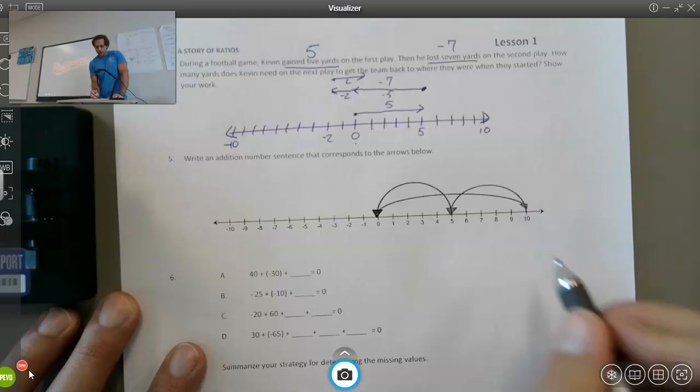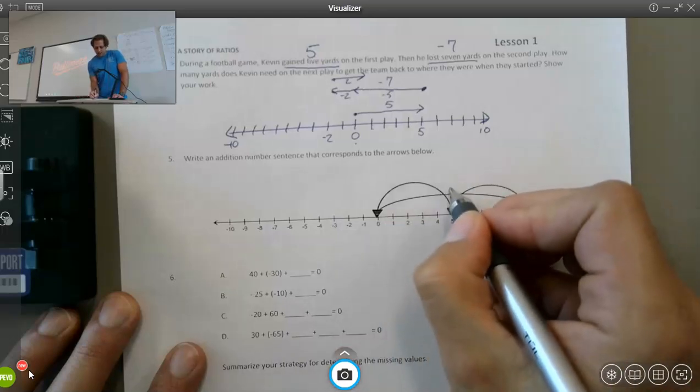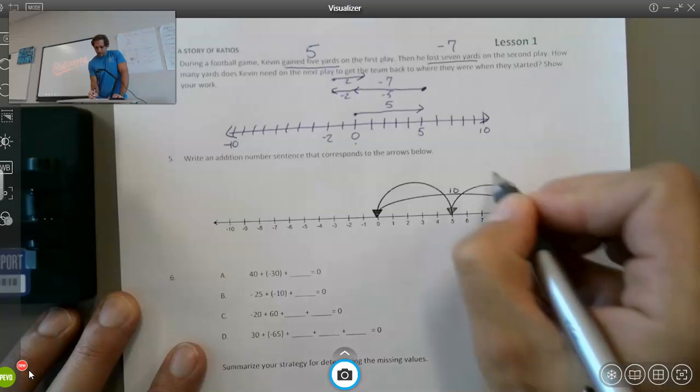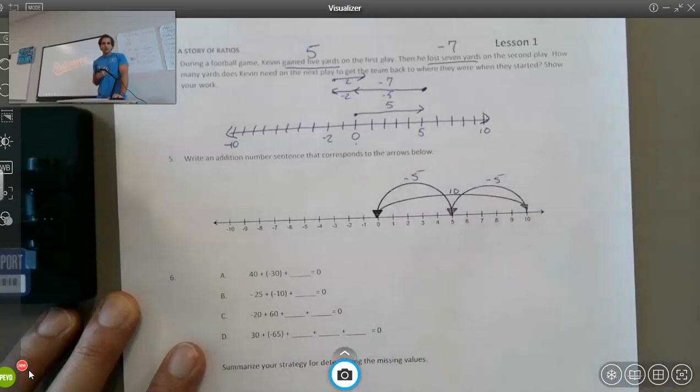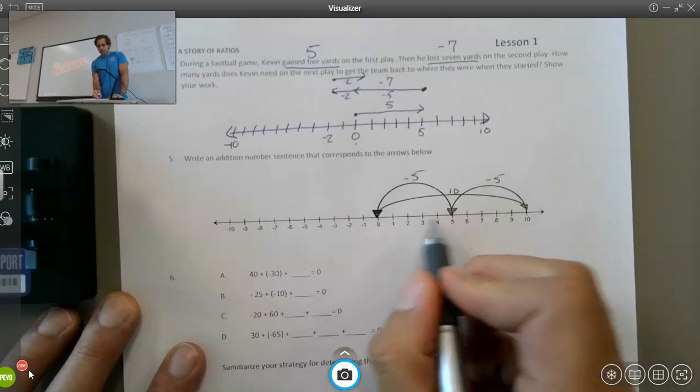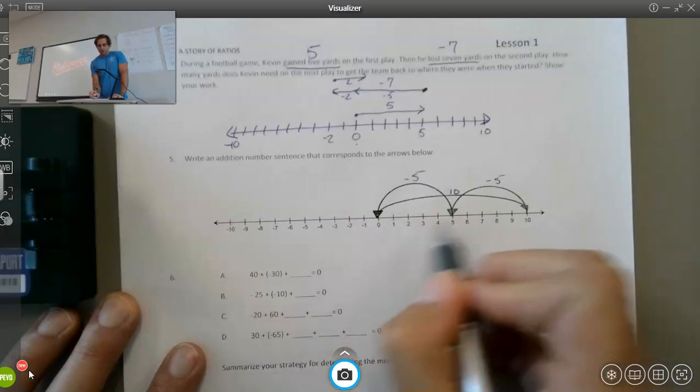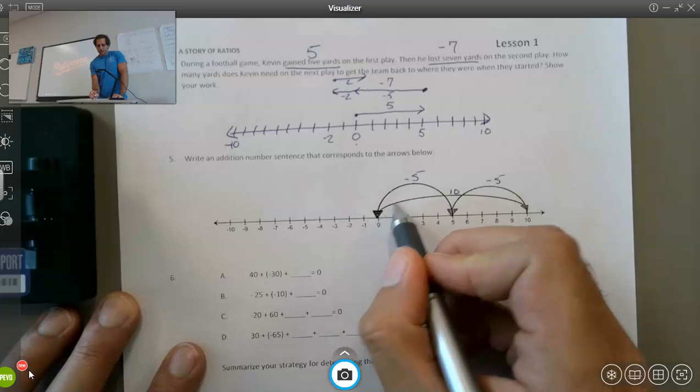I could probably identify this as a vector or a jump of 10. I could identify this as a -5 and a -5. How do I know which vector I should begin with? Well, we always begin at 0. So which of our vectors is starting at 0? It is this positive 10.